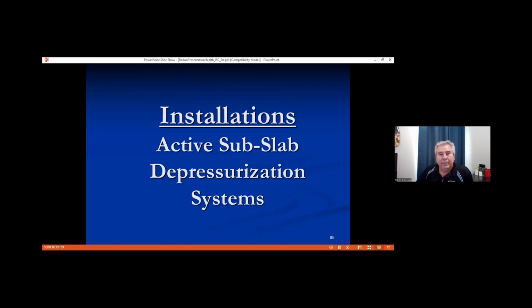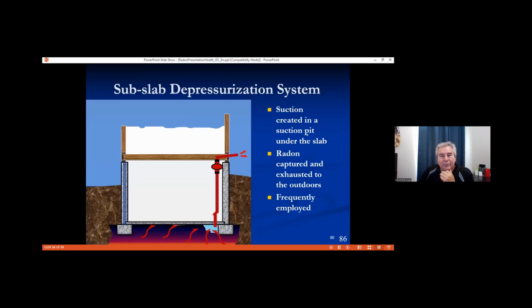And in the end here, we're going to talk about radon mitigation installation systems. Essentially the go-to type of system is the active subslab depressurization system. We had seen one previous slide where the radon fan was installed in the attic. In this one here, the radon fan is installed in the basement, and we have a discharge pipe going out through the foundation wall or the ribbon joist just above the foundation wall.